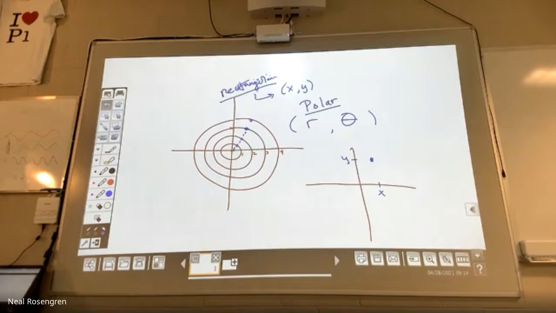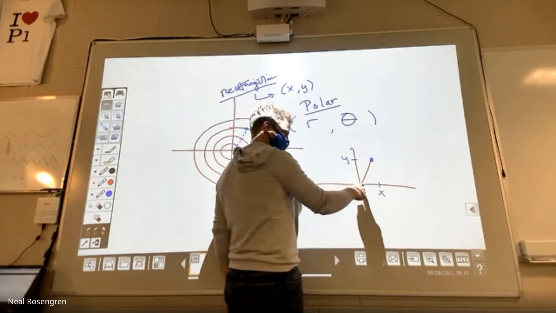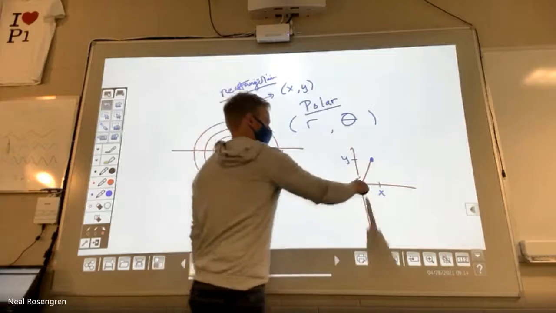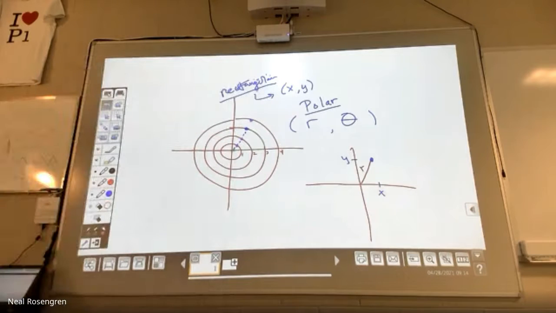What would be a good way to measure the radius that got you there? That would tell us how steep the line is to get from the origin to xy. I want to measure the distance. I want to know how long r is.